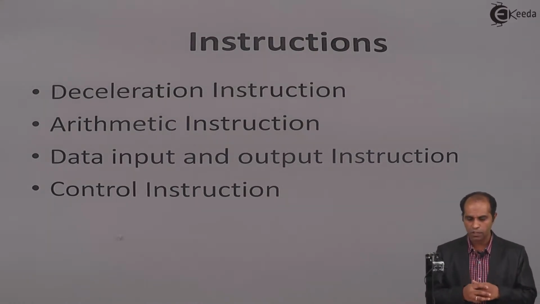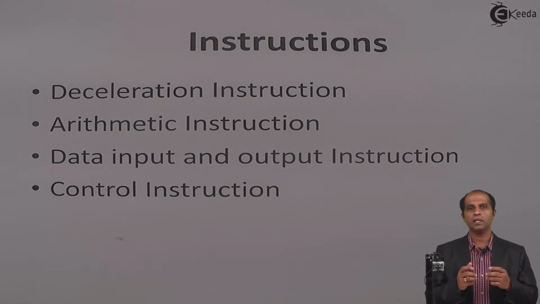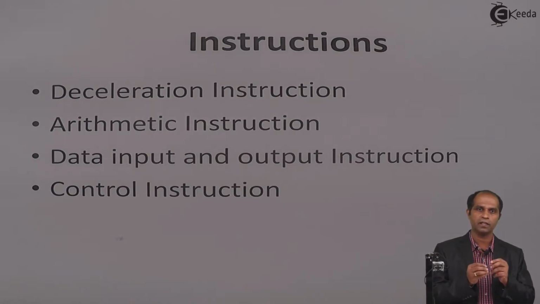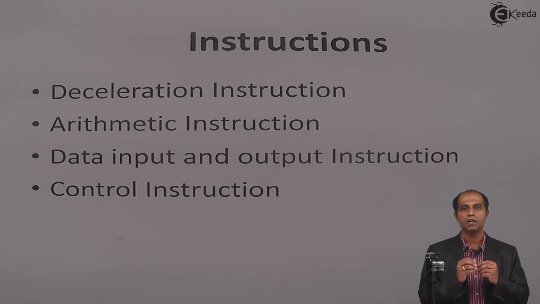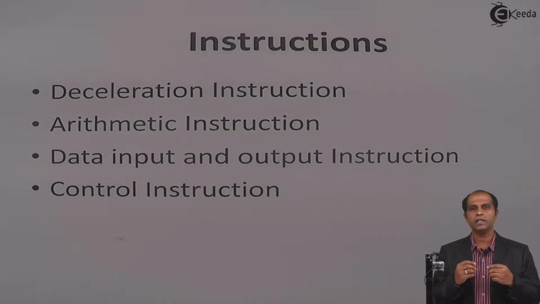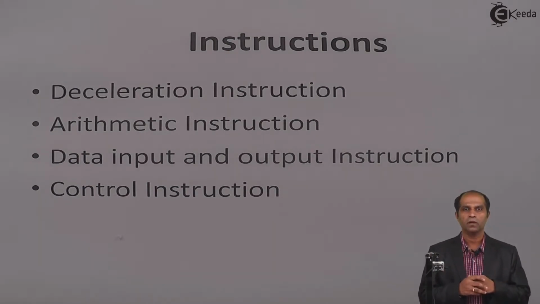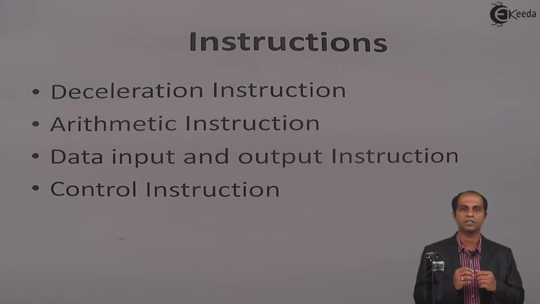The third set of instructions is data input output instructions. When I say data input output, as the name itself says, you are going to have some data input given from the user and a data output which is given back to the user. When I say data input, we are going to read a value from the user and store it into memory. We are going to do this using an instruction called scanf.